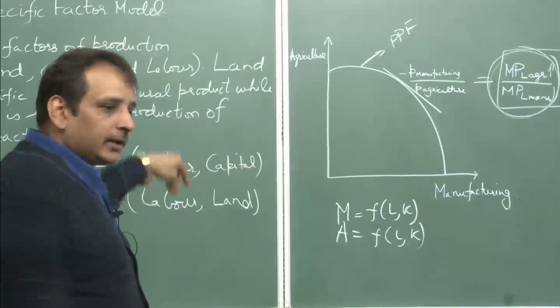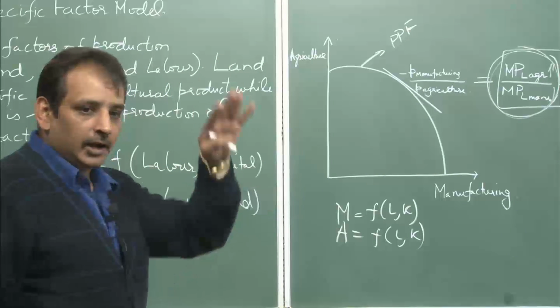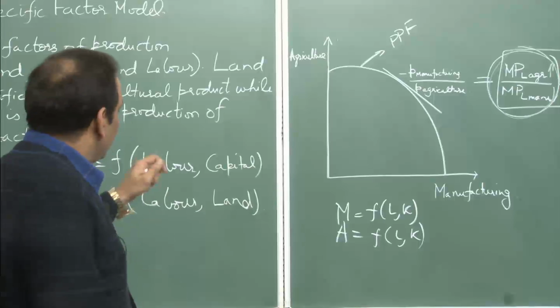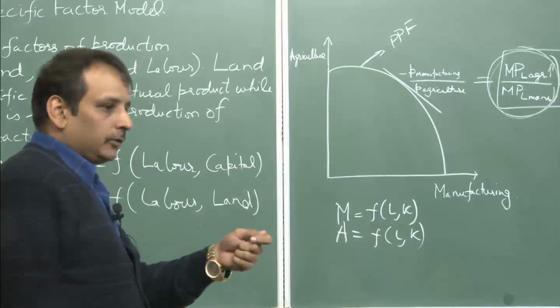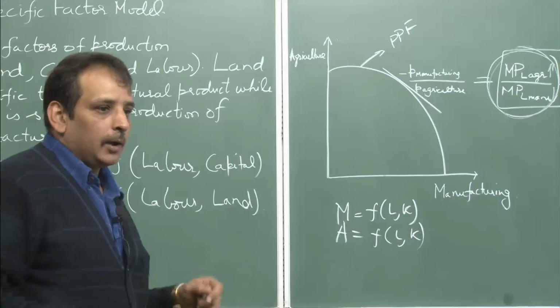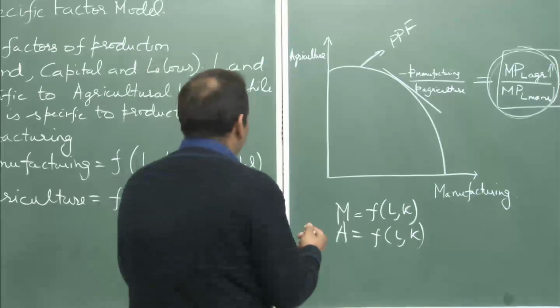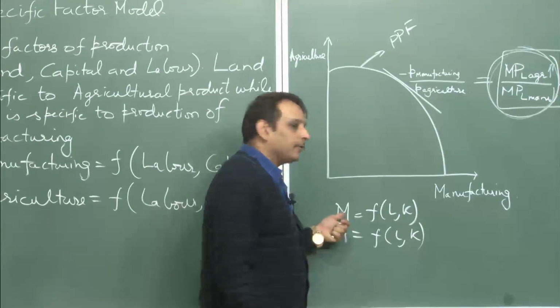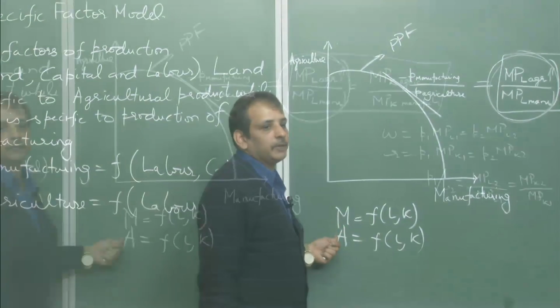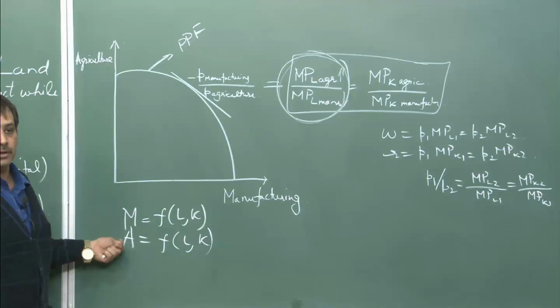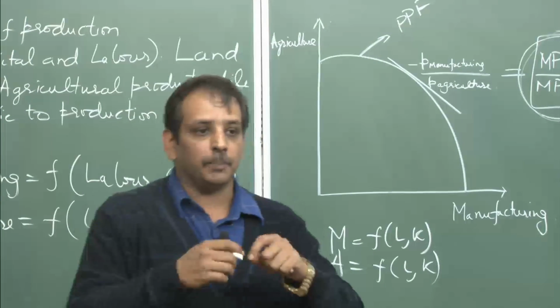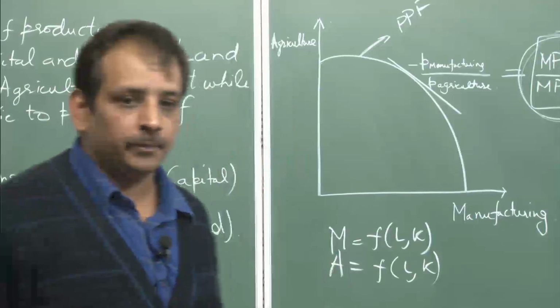When the production of agriculture goes down, there will be a release of labor and capital, but the amount of capital required by manufacturing will not be forthcoming from the agricultural sector. So do you know what will happen to the price of capital?